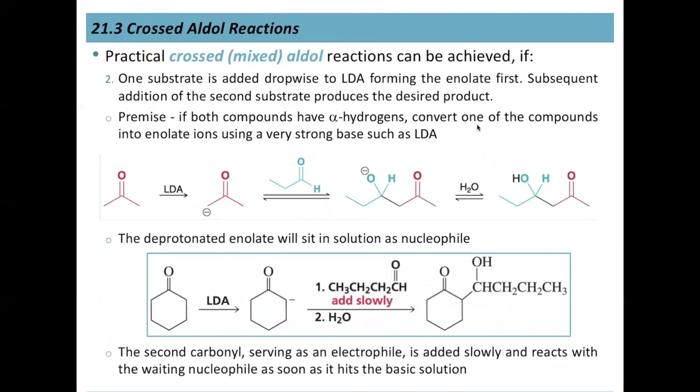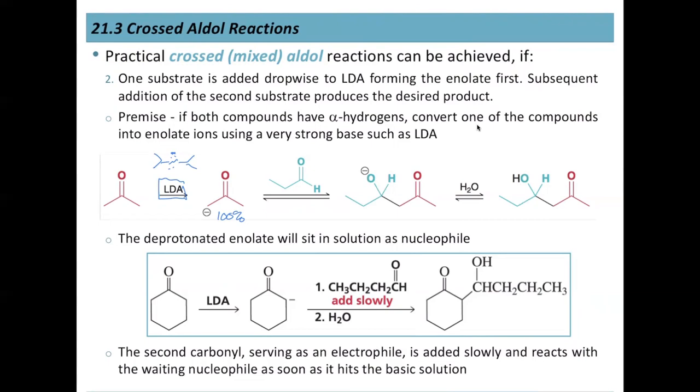So one trick that we can play is we can make sure that only one of our compounds has alpha protons. Now there is another trick that we can play, and that is to use a reagent that forms 100% enolate. If you remember, the base that we used to form enolates is LDA, lithium diisopropylamide. It's a very strong base, and what it does is it gives you quantitative or 100% deprotonation of whatever carbonyl you had in there. So in this case, we're starting with acetone, and we want to deprotonate it completely.